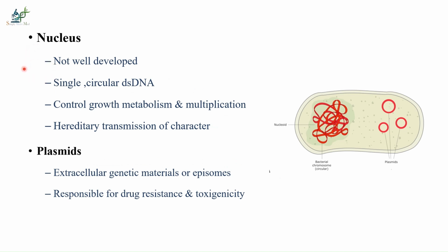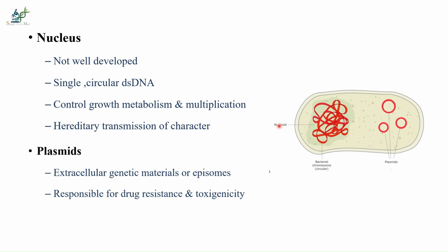Nucleus. The nucleus in bacteria is not well developed because bacteria are prokaryotic organisms, not like eukaryotes. That means they don't have a true nucleus. The nucleus of the bacteria is a single circular double-stranded DNA, seen inside the cytoplasm.